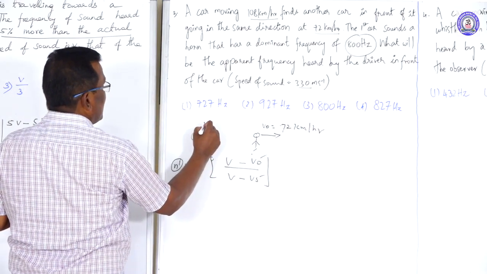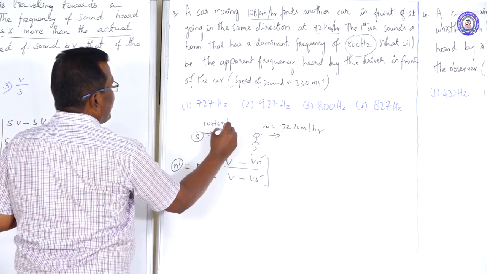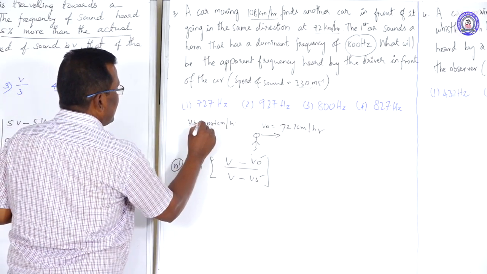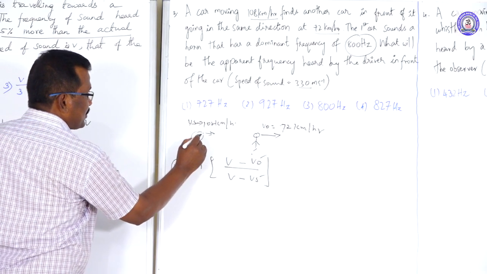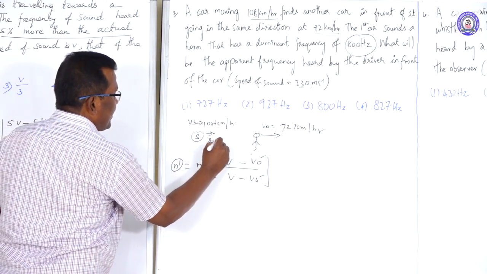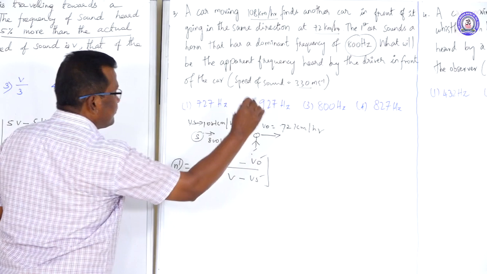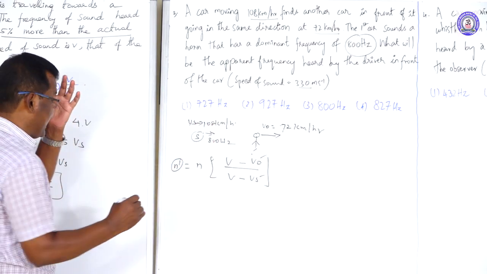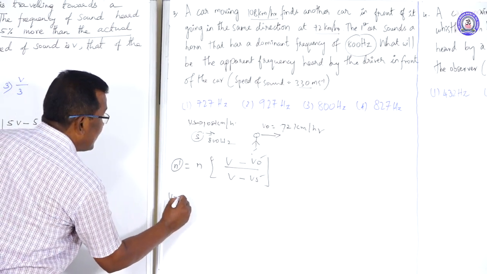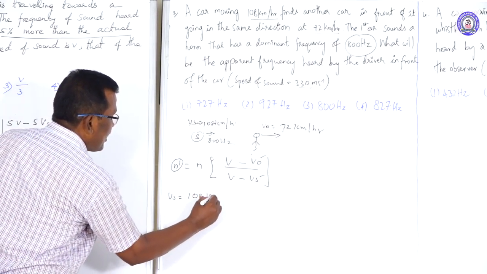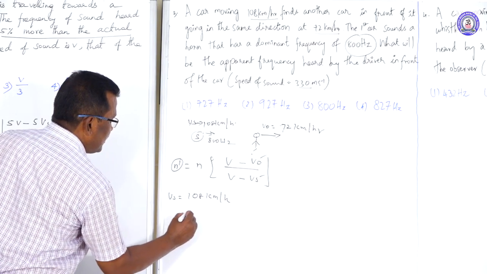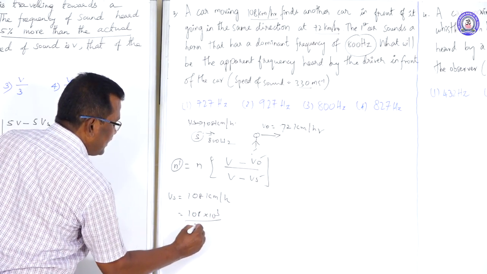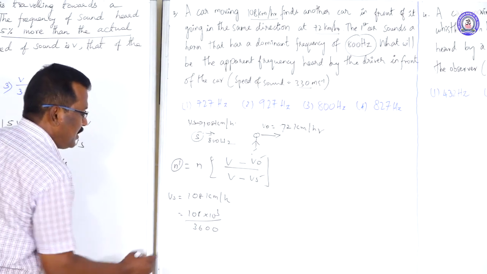The source is at 108 kilometers per hour, that's VS. The source emits a frequency of 800 hertz. Convert 108 kilometers per hour into meters per second: VS is 108 times 10 power 3 divided by 3600.